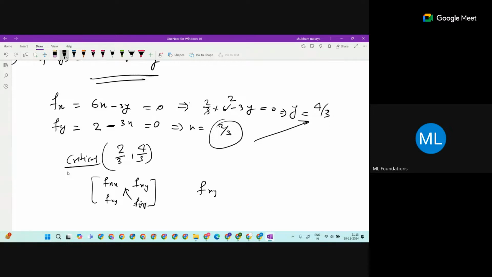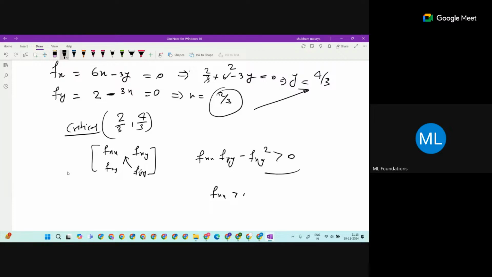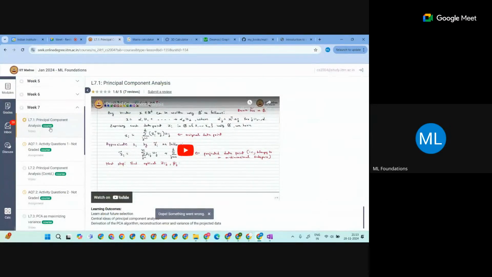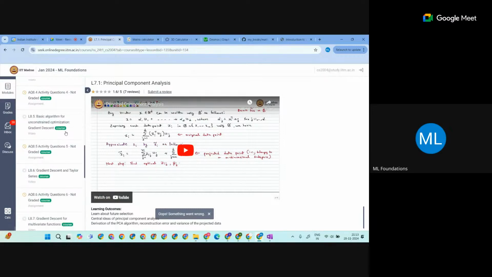So here it is f of xx times f of yy minus f of xy squared. This should be positive if you calculate it. If it is positive, it is a minima; if negative, a maxima.